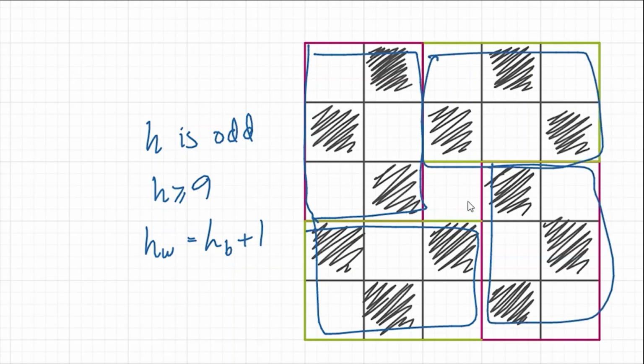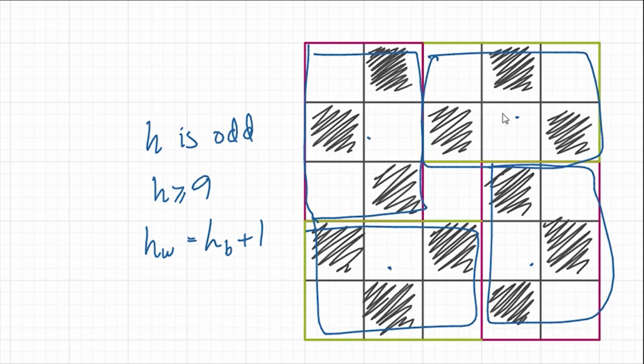If this middle guy isn't a hole, that means the 9 holes are distributed amongst these 4 regions. But then by the pigeonhole principle, at least one of these regions must have at least 3 holes, because otherwise, if they all had at most 2 holes, that's only at most 8 holes, which wouldn't give us the at least 9 that we need.